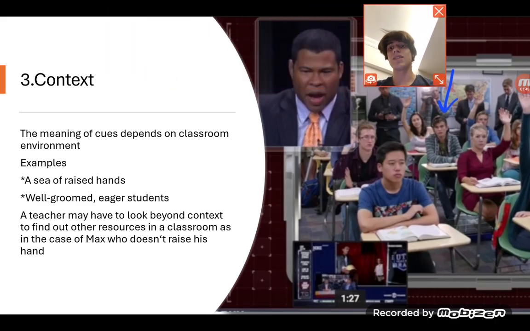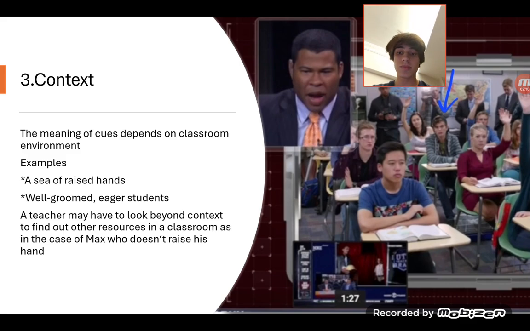Context. The meaning of cues depends on the classroom environment. An example for this might be a sea of raised hands or even well-groomed, eager students. But a teacher may have to look beyond context to find other resources in a classroom, as in the case of Max, who doesn't raise his hand.